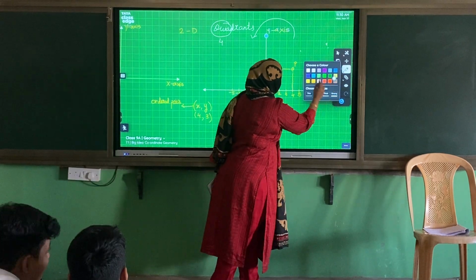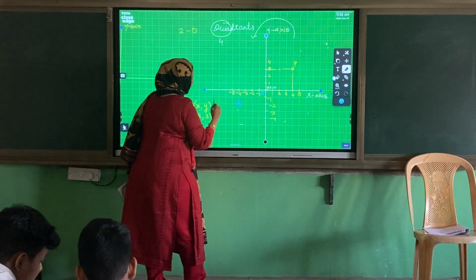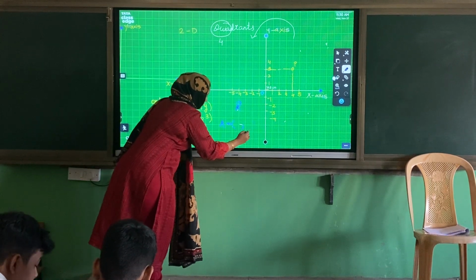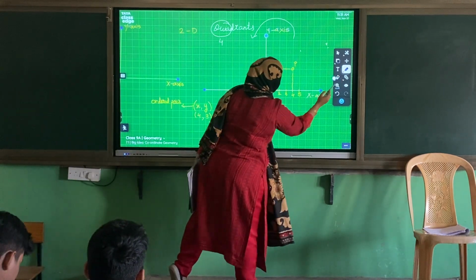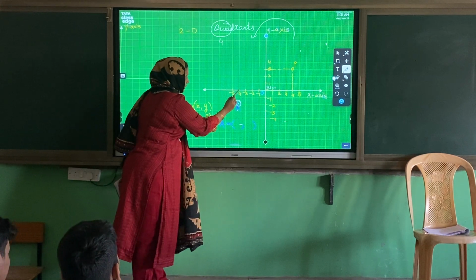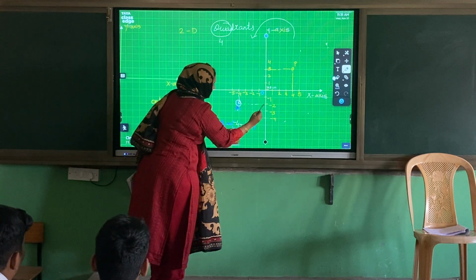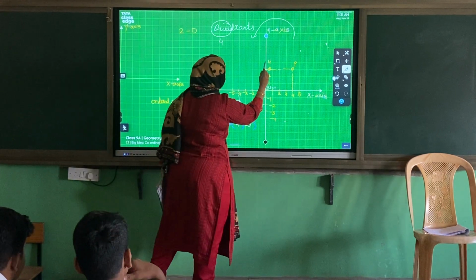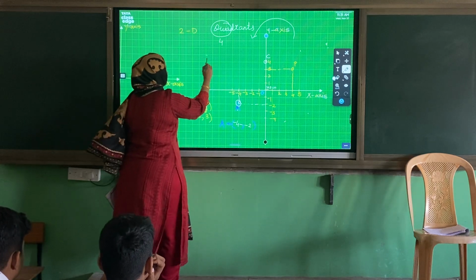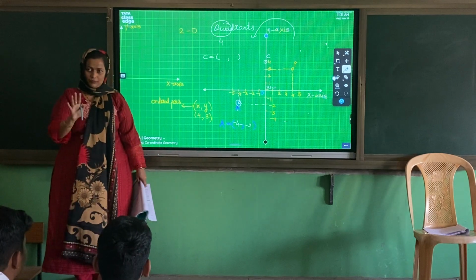Now I'm marking some points. Tell me the ordered pair of this point C. 0 and 4.